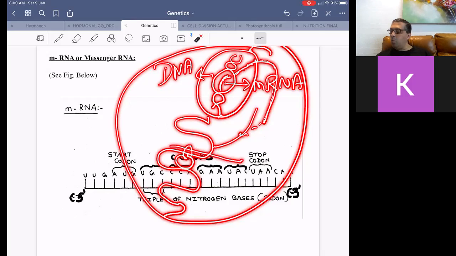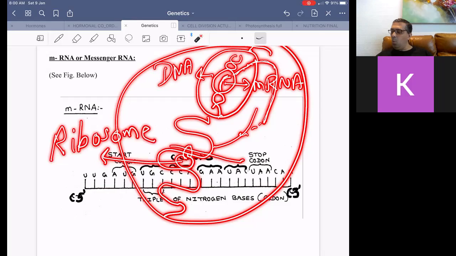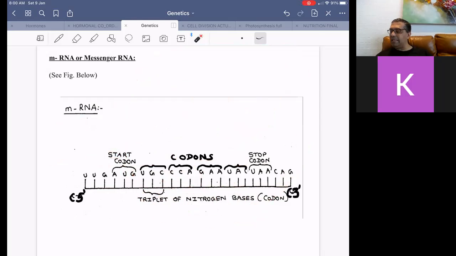The mRNA goes inside the ribosome and fits. And once the mRNA fits in the ribosome, its codons are read and a message goes into an amino acid pool.